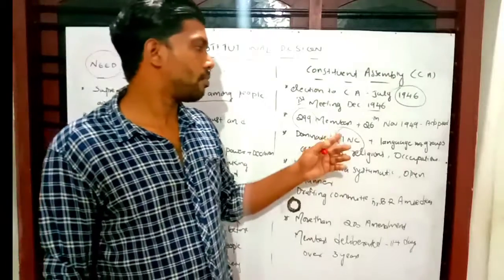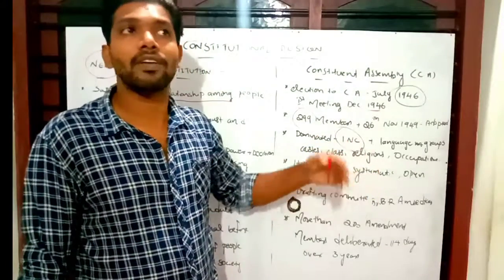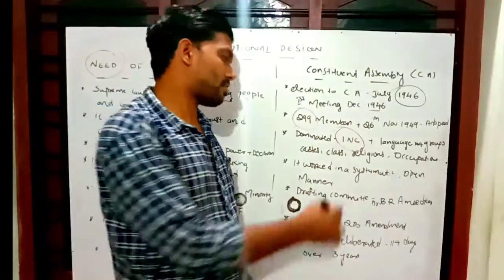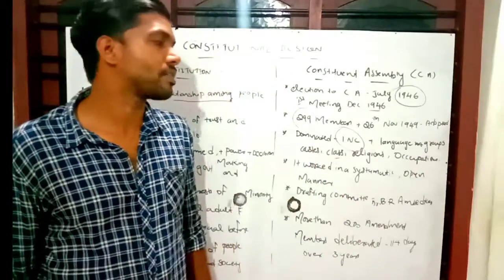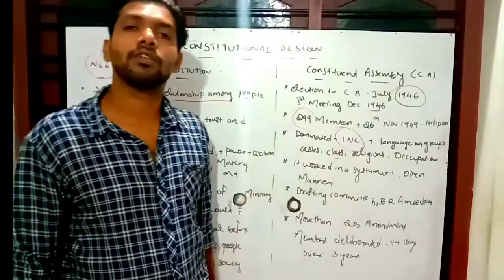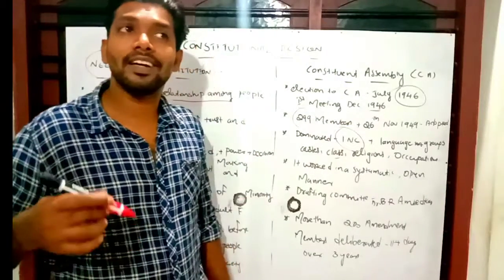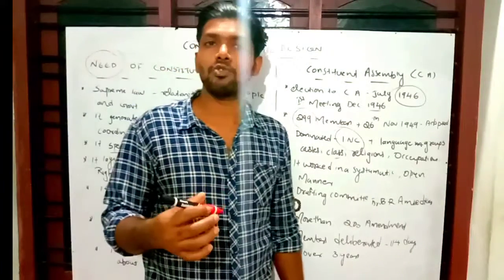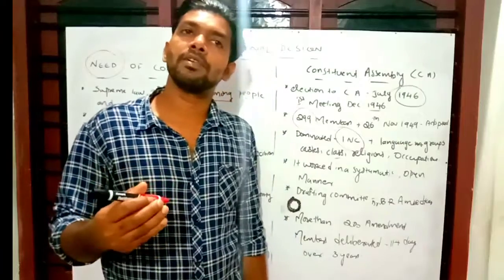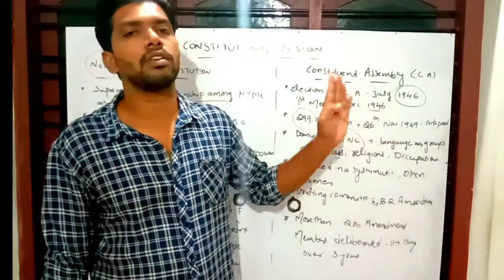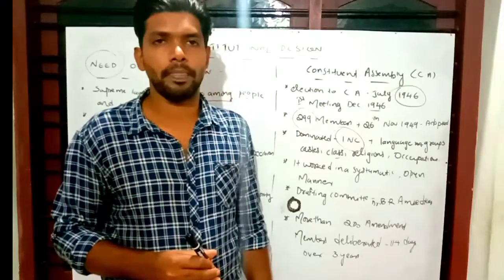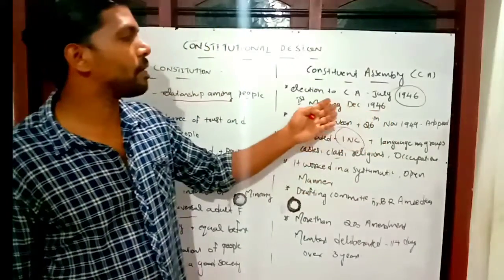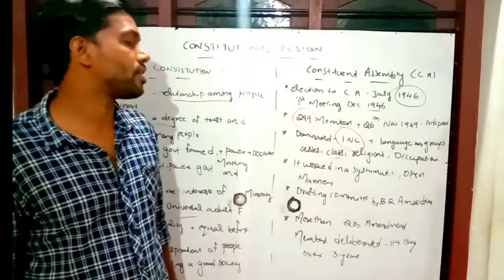The members included different linguistic groups, different castes, different classes, religious groups and occupational people. The drafters needed to ensure that all sections of the people got representation in the Constituent Assembly, so they accommodated all these members. That is why every section of the people got representation.